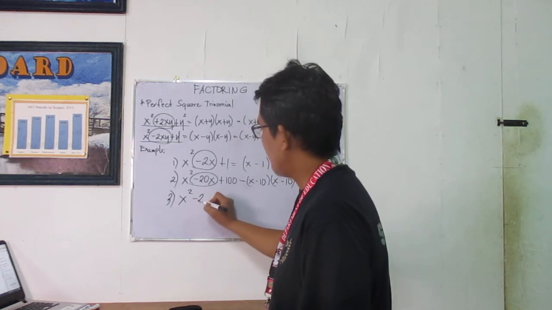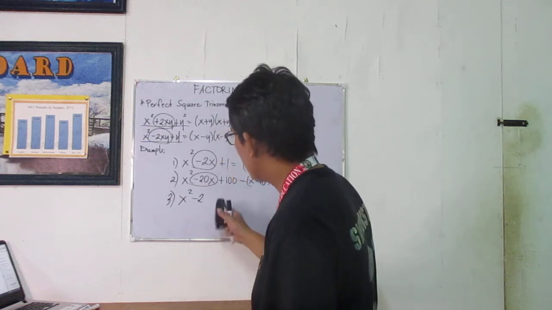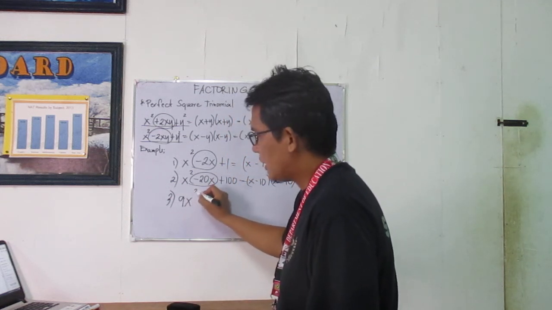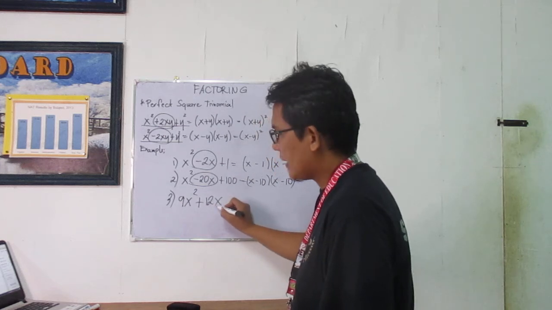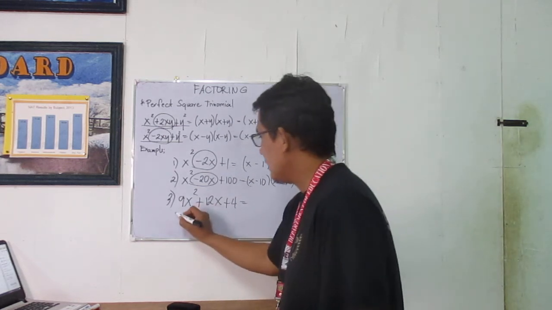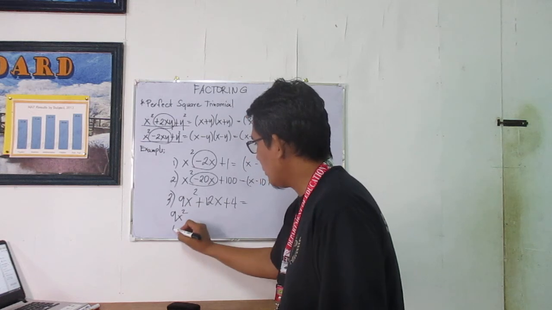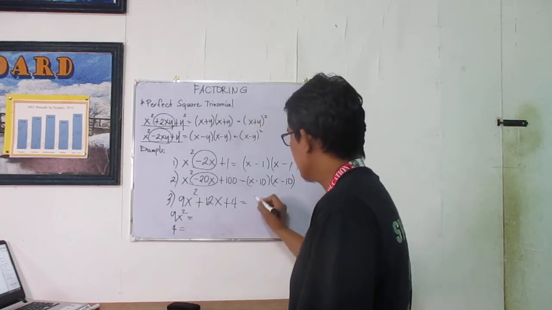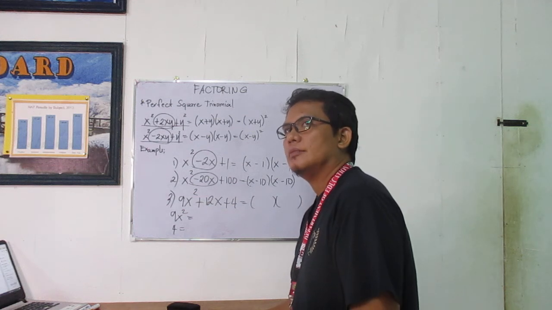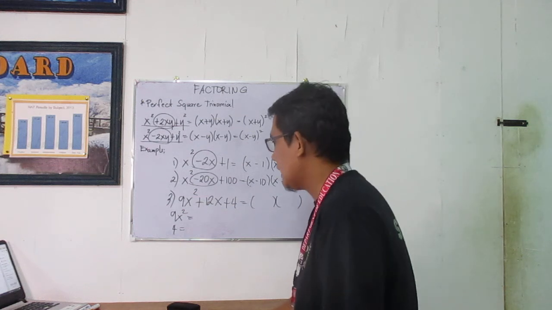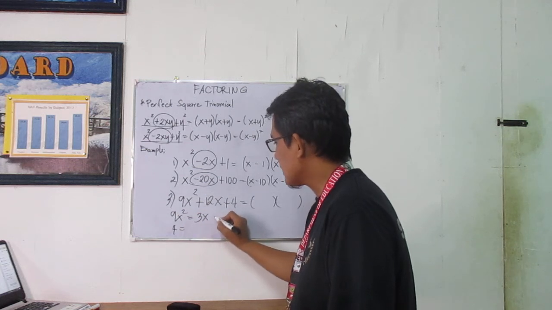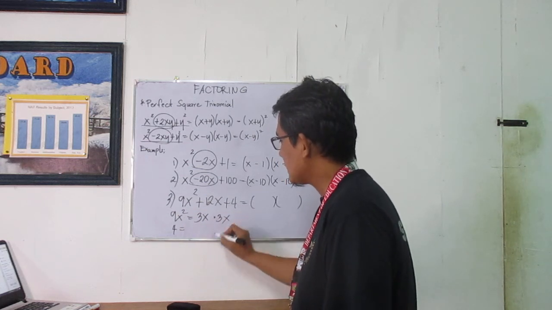Then let's proceed to number 3. 9x squared plus 12x plus 4. So we have 9x squared and we have 4. What are the factors of 9? A number that is multiplied by itself, the product is 9. So there is 3. Your x squared is x, so 3x times 3x is 9x squared.